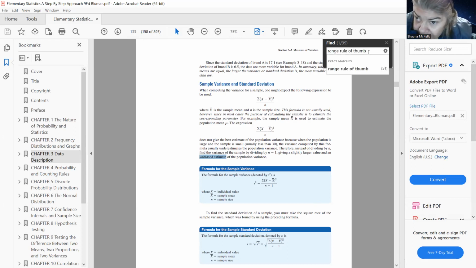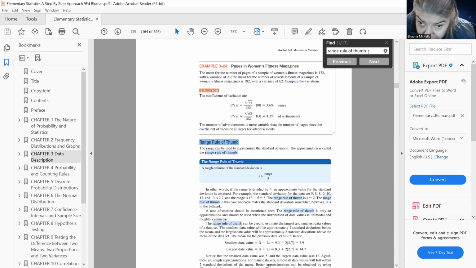And the range rule of thumb is after the covariance. So it's tucked away in this little box. It says the range can be used to approximate standard deviation. The approximation is called the range rule of thumb. A rough estimate of the standard deviation is the range divided by 4.